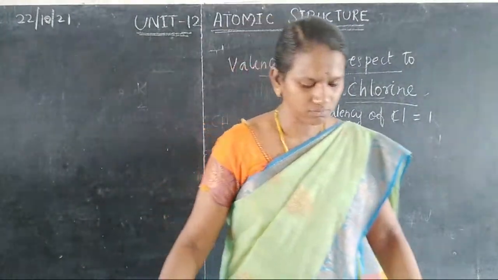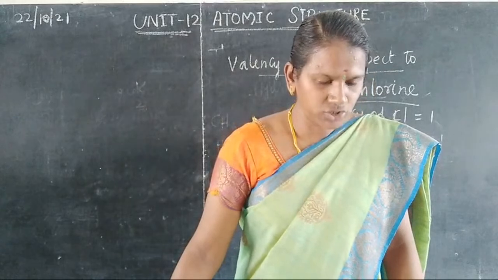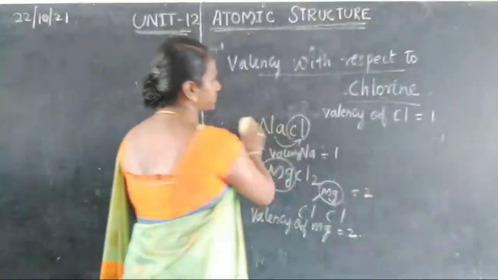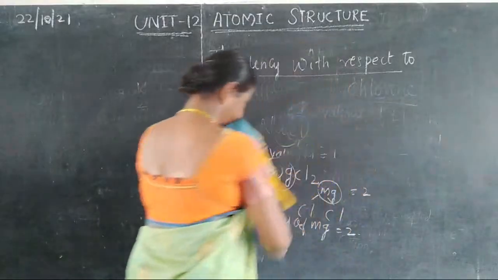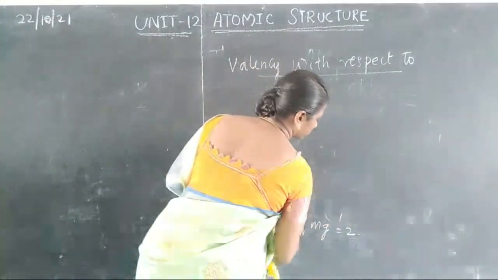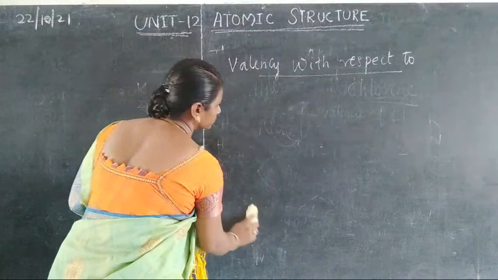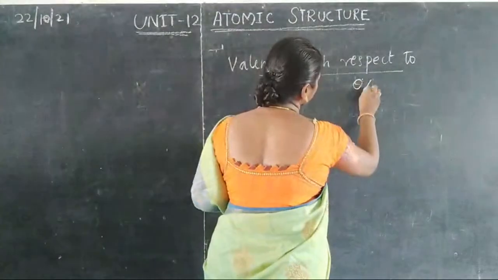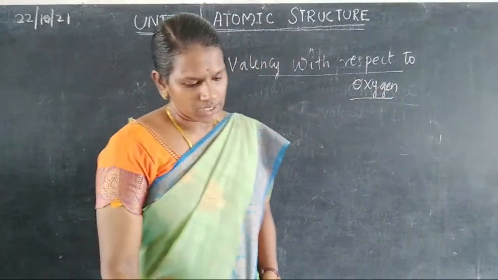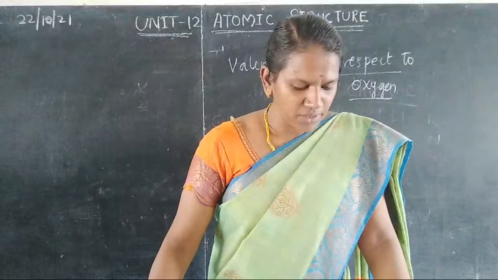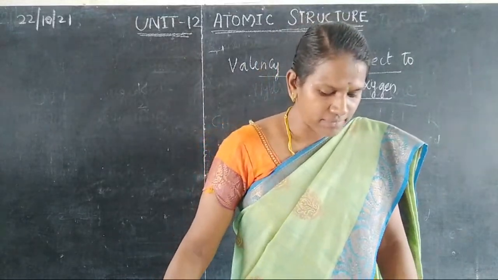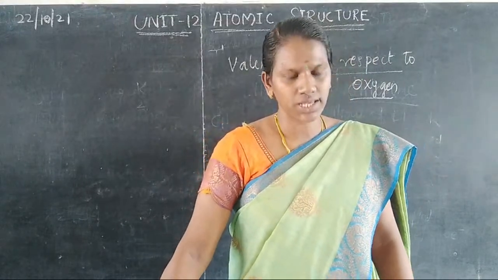Next, we are going to learn the valency with respect to oxygen. In another way, valency can be defined as double the number of oxygen atoms with which one atom of an element can combine, because the valency of oxygen is 2.